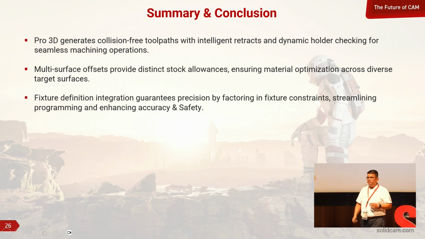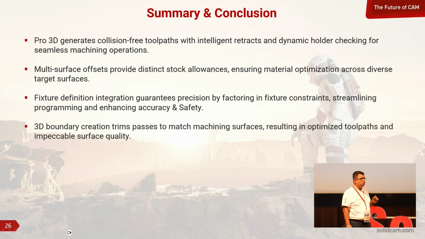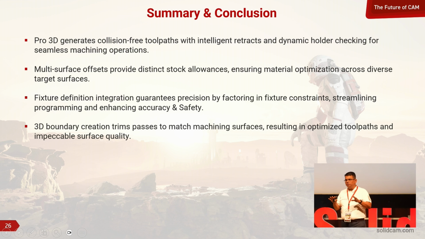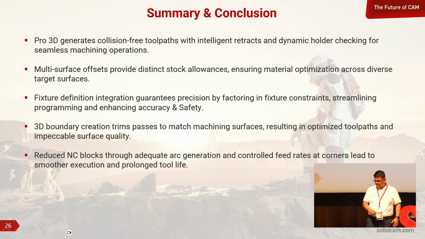Fixture definition integration by curves and by surfaces takes into account all the geometries and gives you optimized and safe retracts in areas where it is going to have a collision with the fixture. 3D Boundary does precise trimming of the toolpaths to ensure that there are no jumps on the vertical walls, and we send the boundary as a 3D boundary to the engine for calculation.